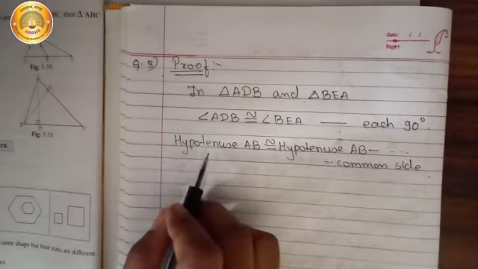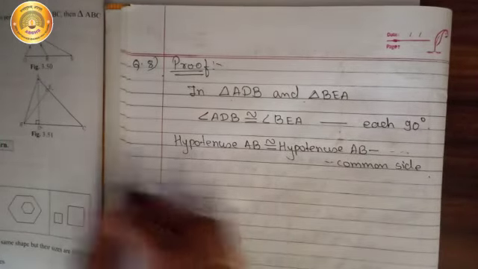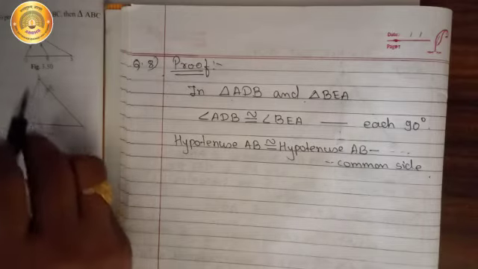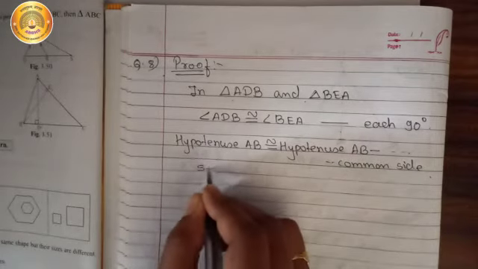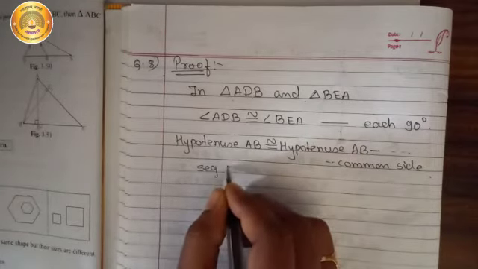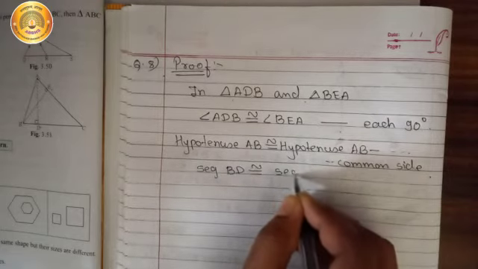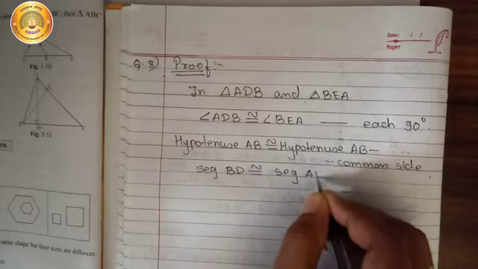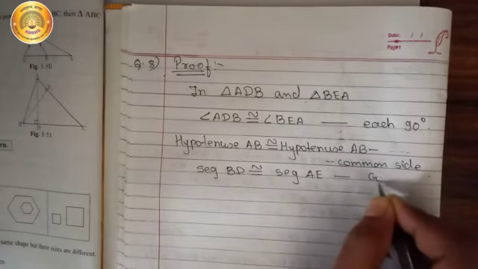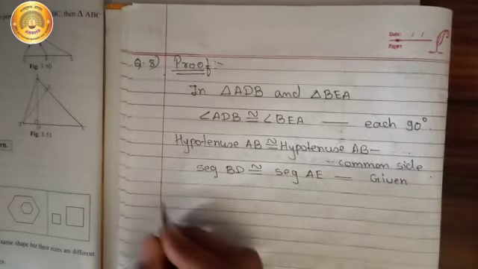Now one more: BD is congruent to AE. So we'll write seg BD is congruent to seg AE, because this is given.